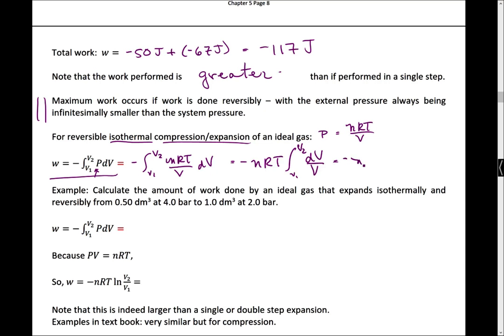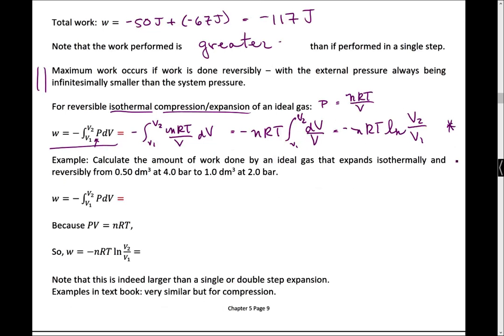So we'll have minus nRT, and the integral of 1 over V, natural log of V, and that needs to be evaluated between V1 and V2, so V2 over V1, right? That's a pretty important expression, right? And if you think about where we've derived it from, it's an ideal gas, and it's isothermal, right? Okay?